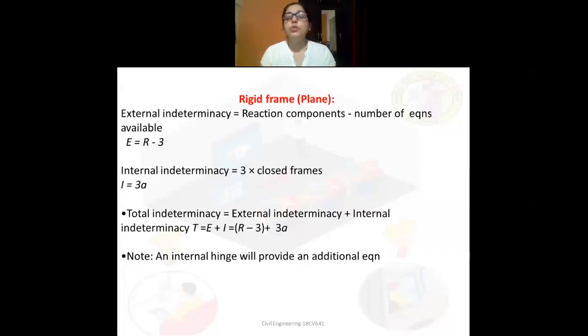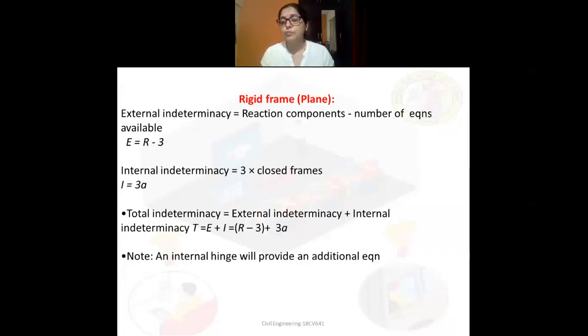Next, if you want to find static indeterminacy in a rigid plane frame, how do I do that? External indeterminacy is equal to reaction components minus the number of equations available, that is E is equal to R minus 3. Here, you have to find internal indeterminacy as well as external indeterminacy. Internal indeterminacy means checking whether the members in the frame are statically determinate or indeterminate.